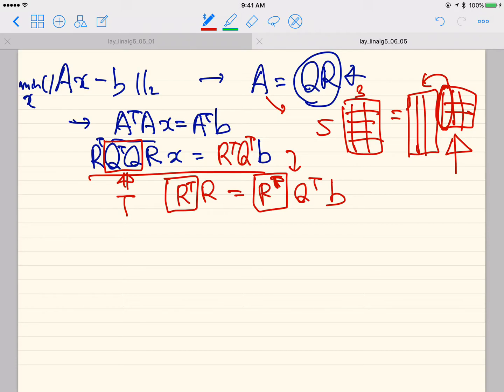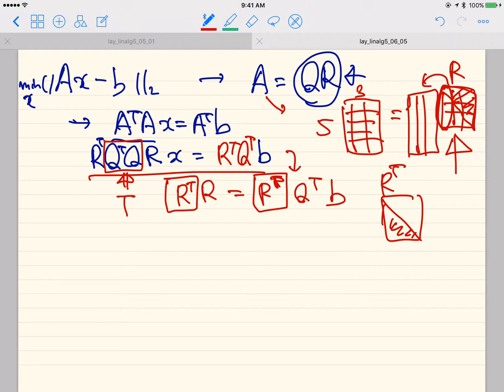So R is an upper triangular matrix, or R transpose is a lower triangular matrix. And so this is basically an invertible matrix. A triangular matrix that has all non-zero diagonal entries is invertible.